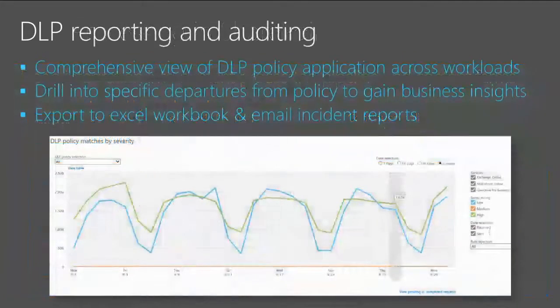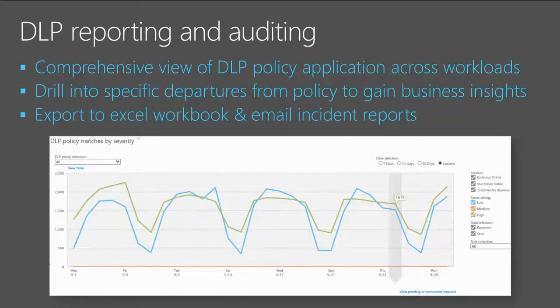All right, so going through some other aspects of our solution, we've touched on reporting. Reporting is something else that we're bringing in a uniform fashion across the various workloads. In this picture, I'm not sure how easy it is to see, but on the right-hand side you can see which workload the violations are occurring on. You can see them aggregated, or you can focus only on the Exchange workload, or only on SharePoint or OneDrive.